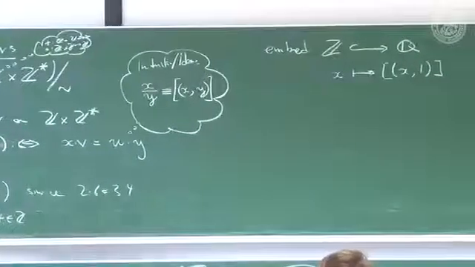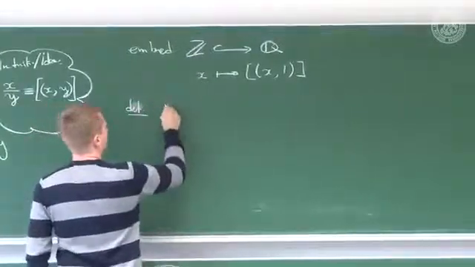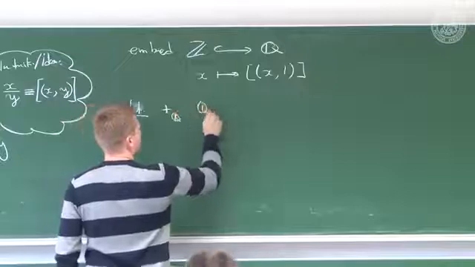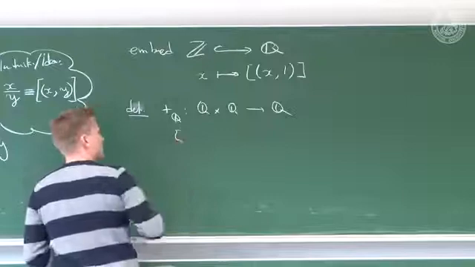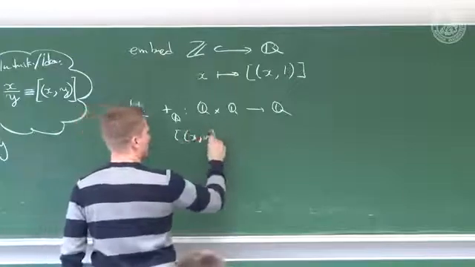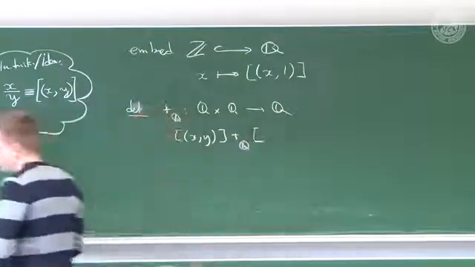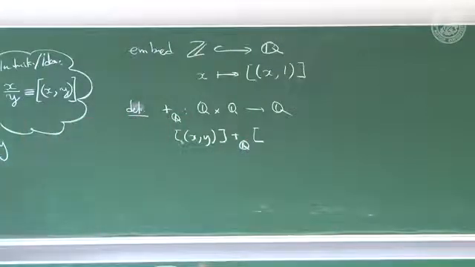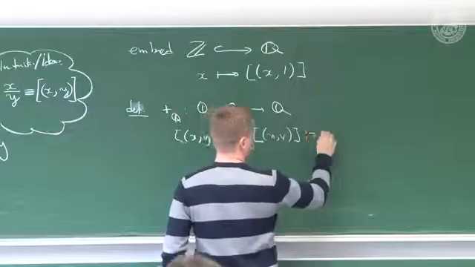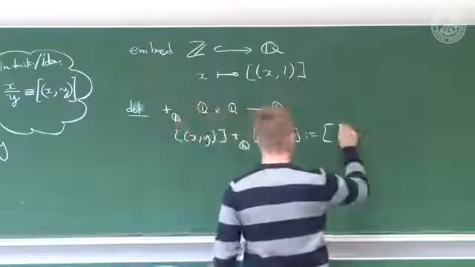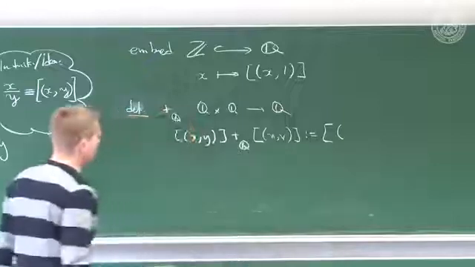Okay, and of course you need an addition. You define an addition on Q. That's simple. That's something like (x, y) plus on Q (u, v). You use representatives, and the addition is what you learn in school. No, it's not what you learn in school. Addition is difficult. Aha.